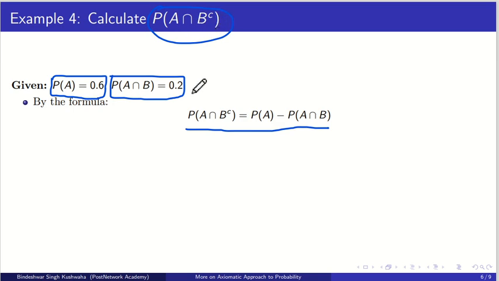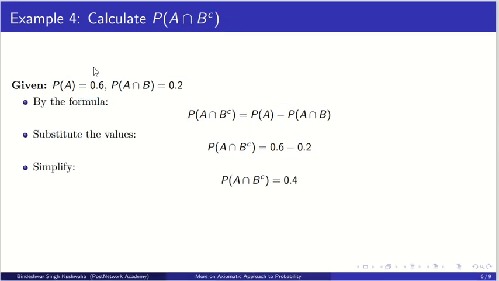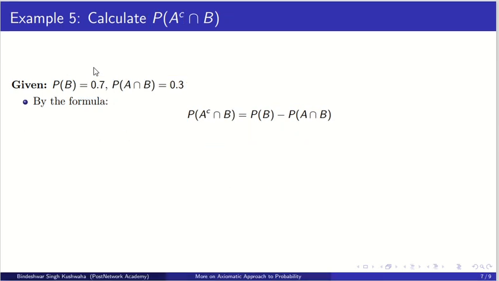So here we will keep the value P(A) 0.6 and here I will subtract 0.2. So it would come 0.4. Let us see.